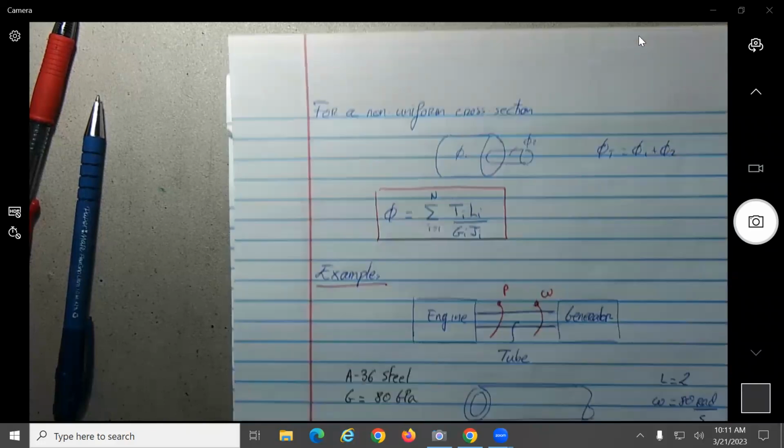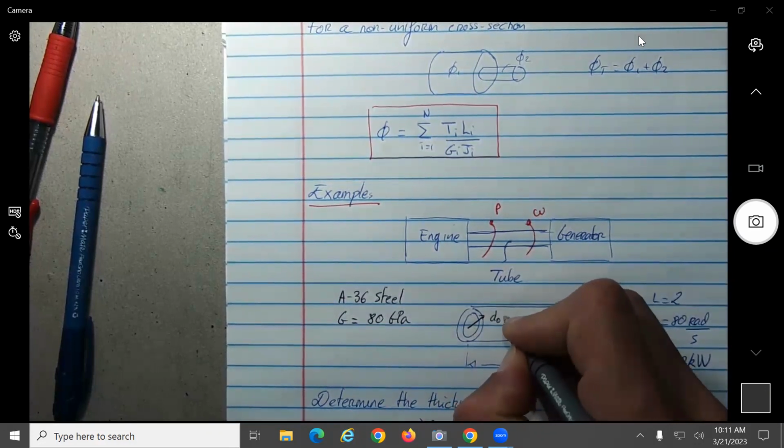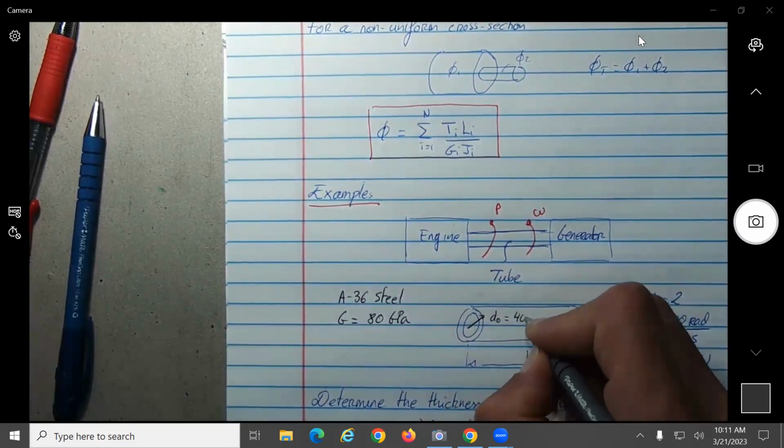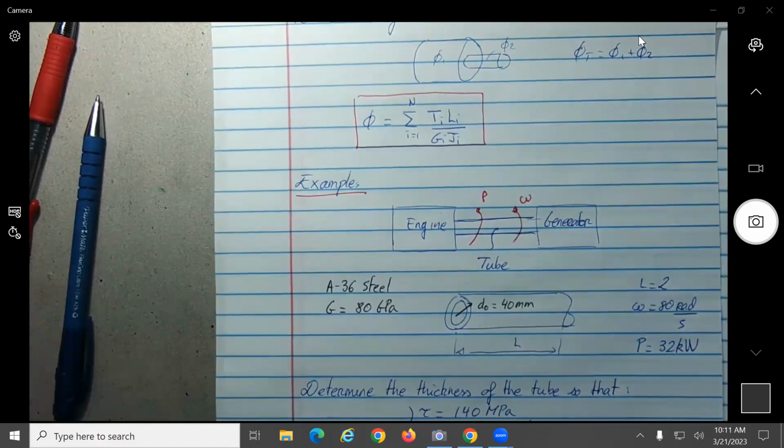I also forgot to put something here. We need to find the thickness, but we know that the outside diameter is 40 millimeters.